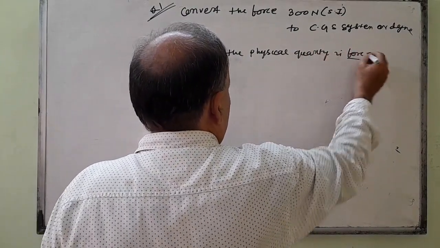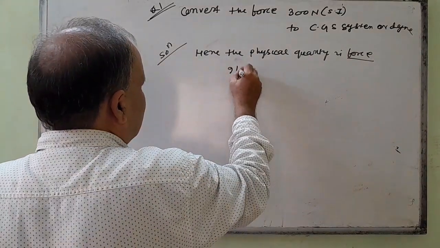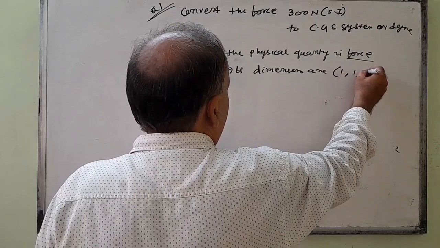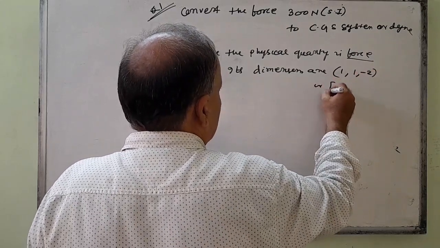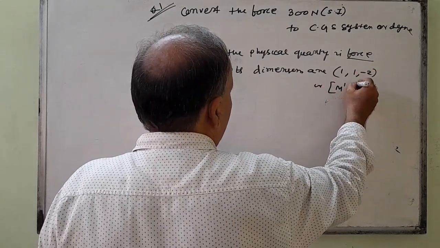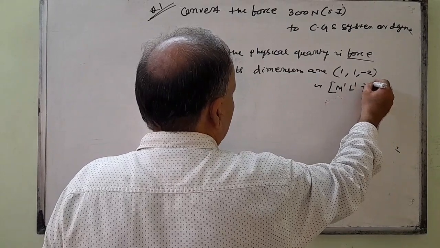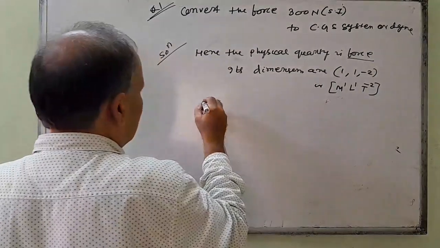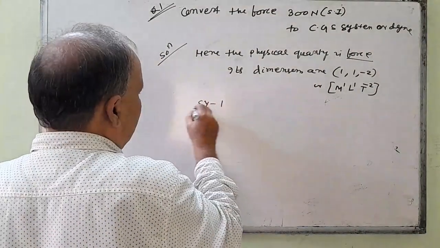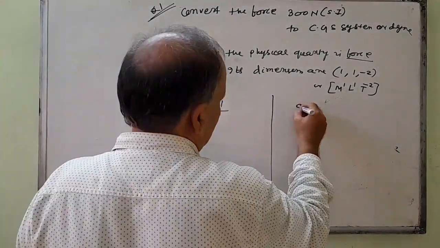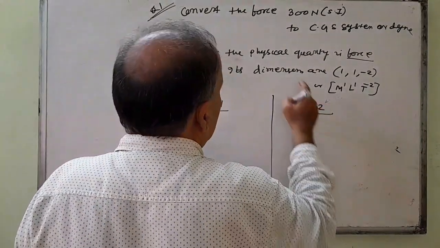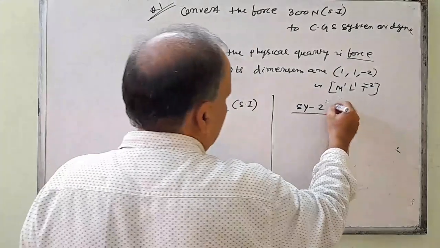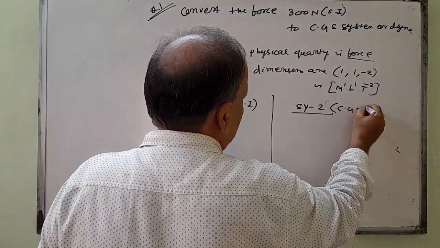First you write force. Its dimensional formula is M1 L1 T to the power minus 2. You see, here it is your system 1 and here it is your system 2. Given, which is given, that is the SI, and we have to convert into CGS.